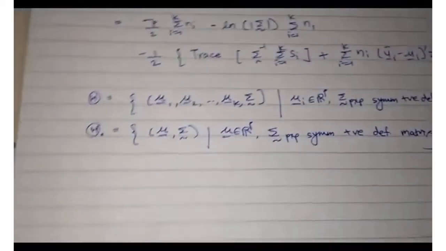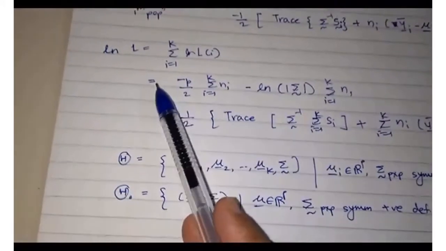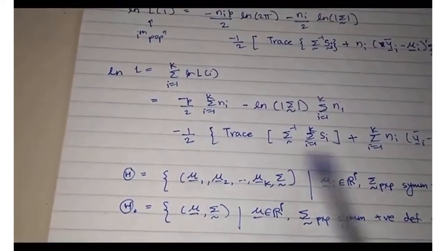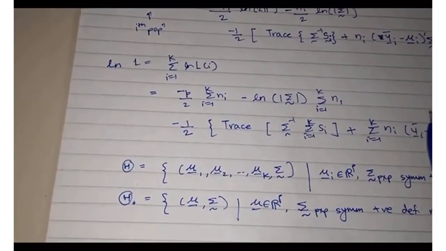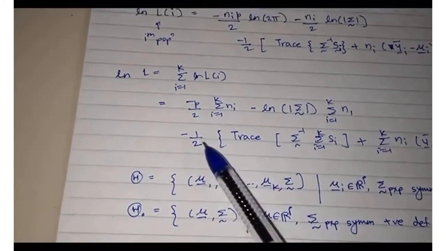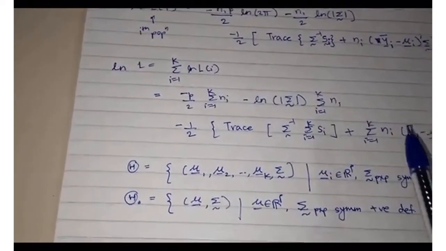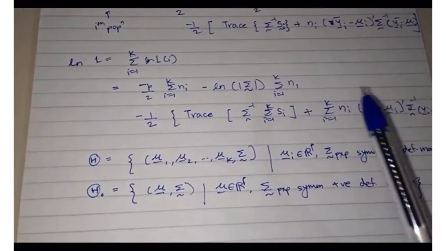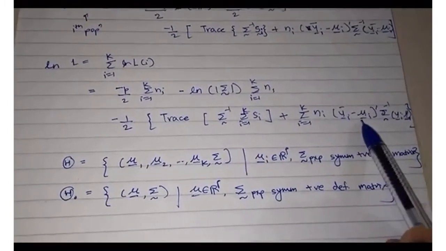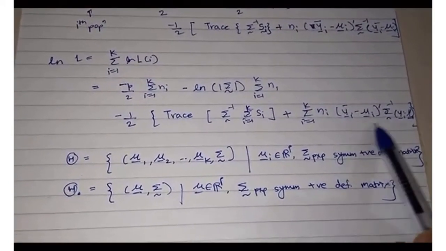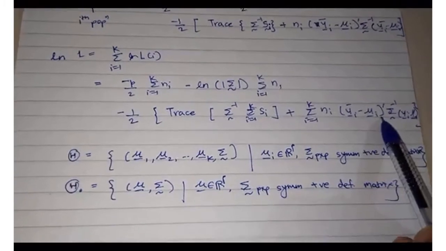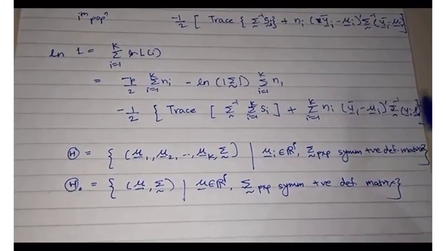Okay. Now, if I maximize this log likelihood, we have to do two things. We have to write down the overall log likelihood as well as the likelihood under H0. In the likelihood under H0, each mu_i will be replaced by the common mu. If you want, you can call it mu naught. Okay.